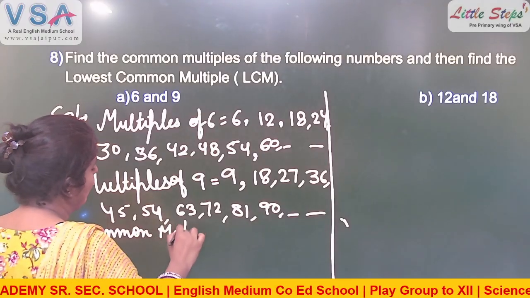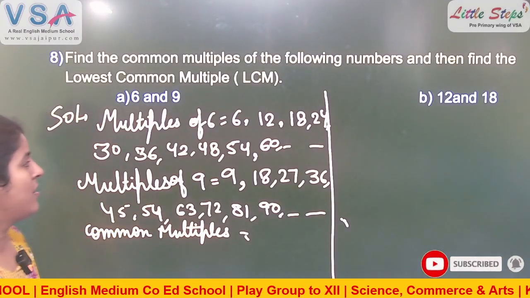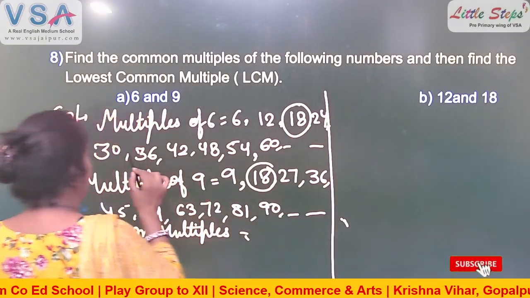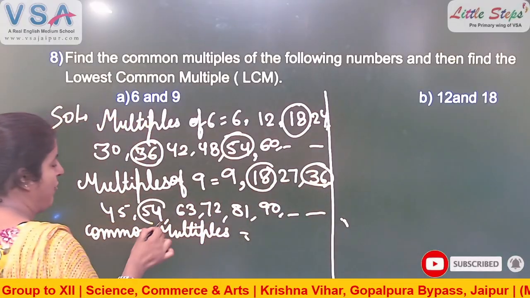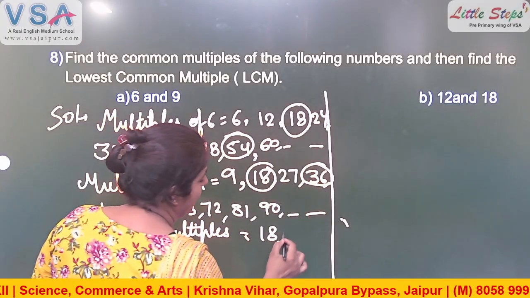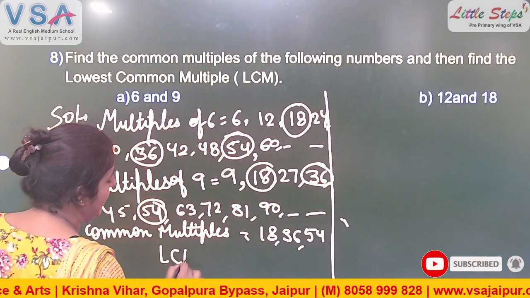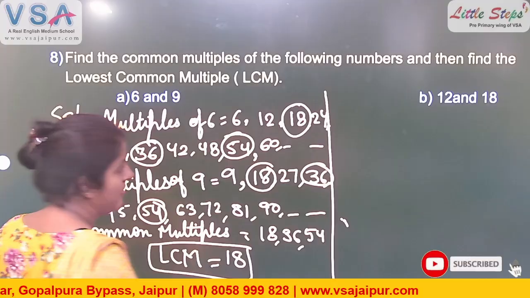Which one is a common multiple? Which one? 18? Yes. 36 and 54. So the common multiples are 18, 36, and 54, and then the LCM is 18.